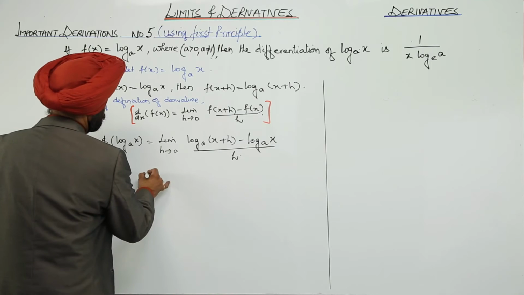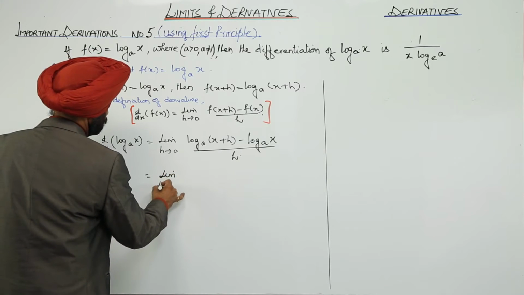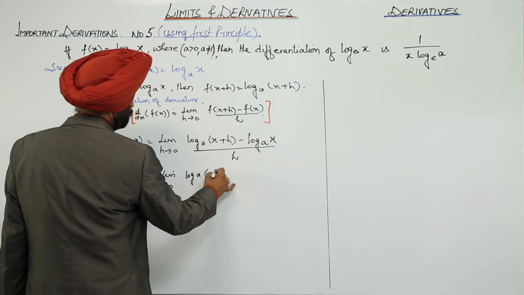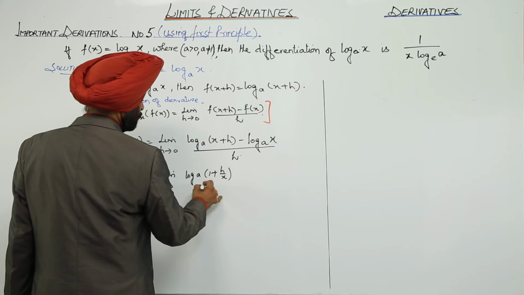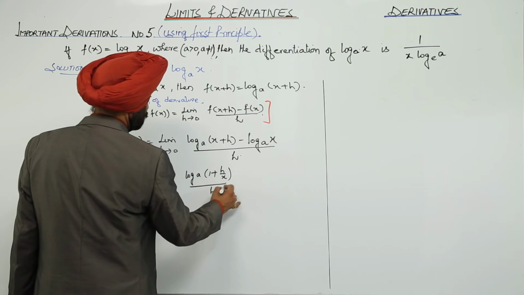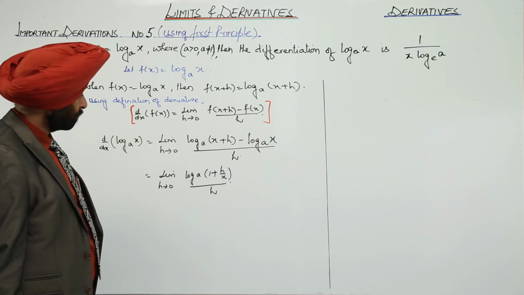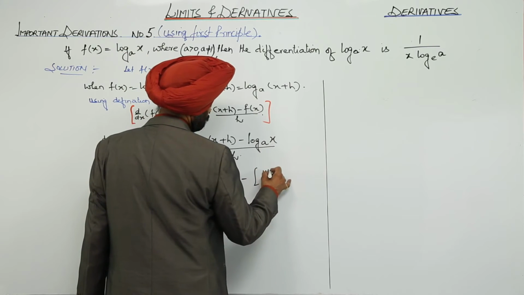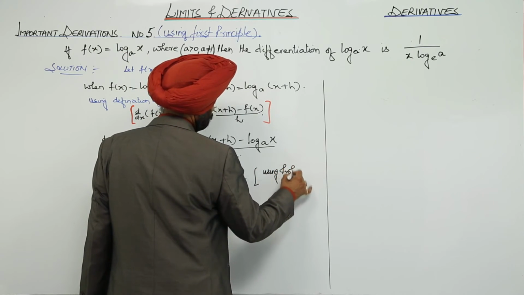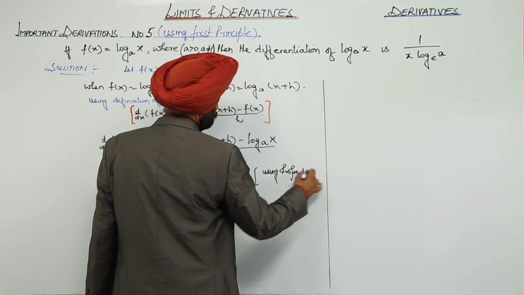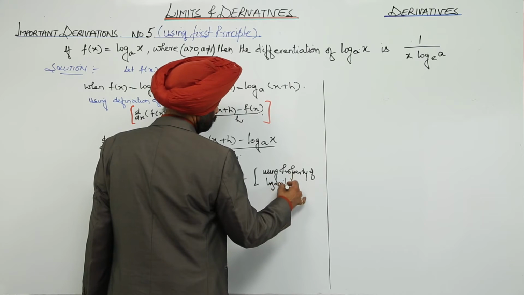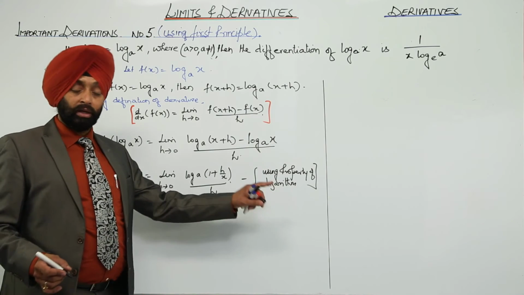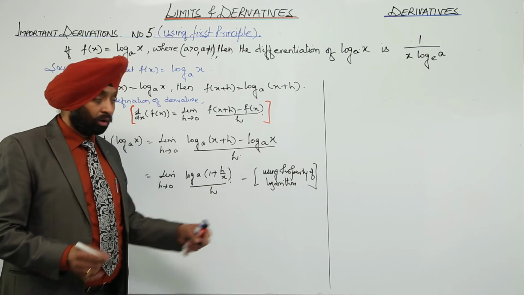Now this becomes limit h approaches to 0, log a (1 plus h upon x) upon h, okay, again using property of log. In the last formula, the fourth, we have already done it: log m minus log n is equal to log m upon n.